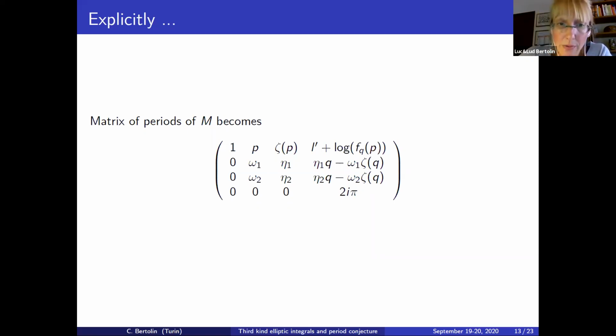And omega 1, eta 1, omega 2, eta 2 are the periods of the elliptic curve. So the periods of M are composed of the periods of the elliptic curve, which are well known, the periods of the torus, which are well known, and I have to add the period related to the point P, the period related to the point Q, which parameterizes the extension, and the period related to the point R.